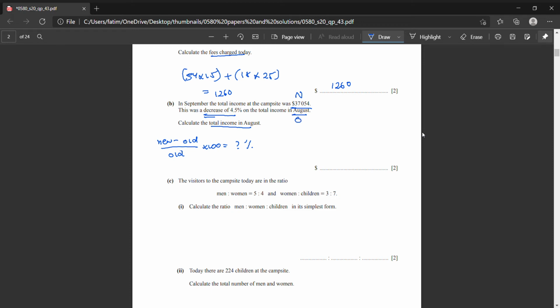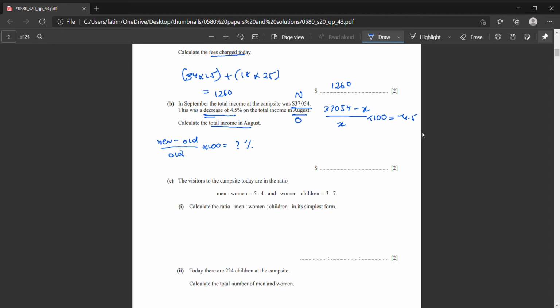So when I substitute all of our information into the formula, it's 37054 minus x, which is for the old value, upon x into 100 is equal to negative 4.5. The reason why I'm doing negative 4.5 is because the percentage is decreasing. If there was an increase, then it would remain as a positive, so it would just be 4.5. And this is how candidates lost marks.